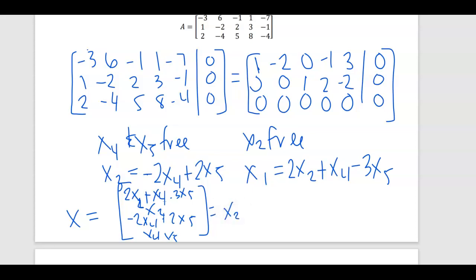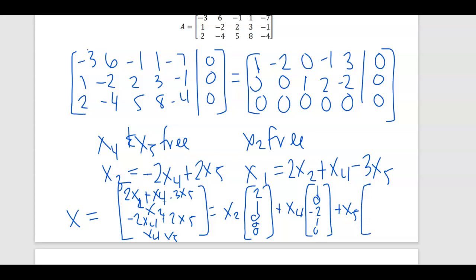So that means we can say that x2 is multiplied by the vector 2, 1, 0, 0, 0. x4 would be 1, 0, negative 2, 1, 0. And x5 would be negative 3, 0, 2, 0, 1.